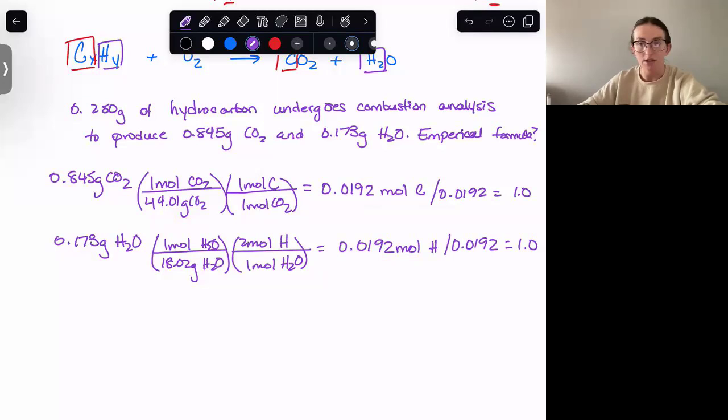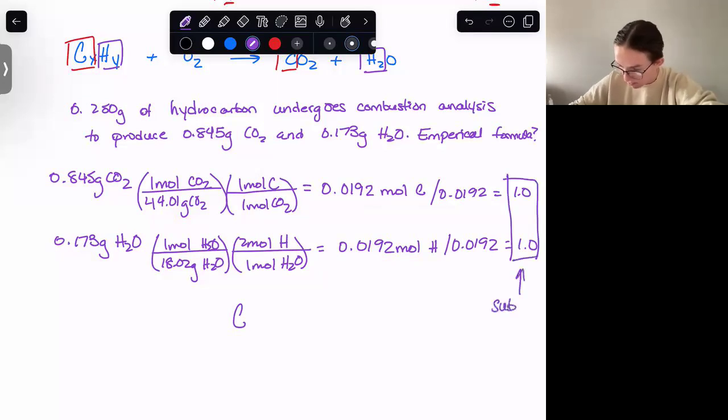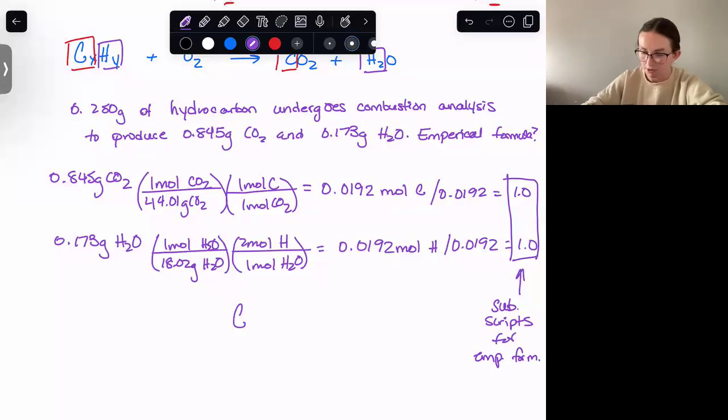In this case, these are the same. So this here now becomes your subscripts. So now your empirical formula just becomes carbon, hydrogen, because there's only a 1 in both of them.